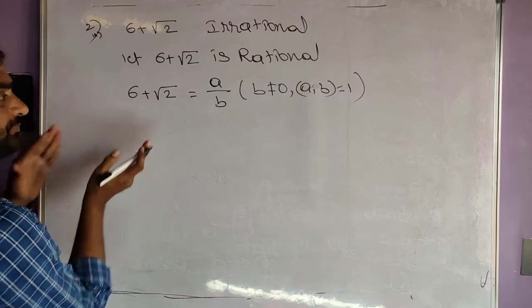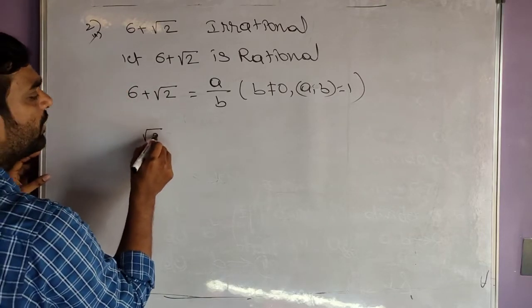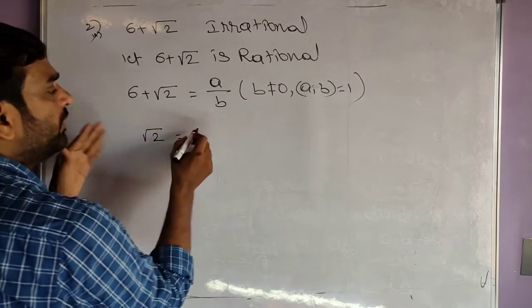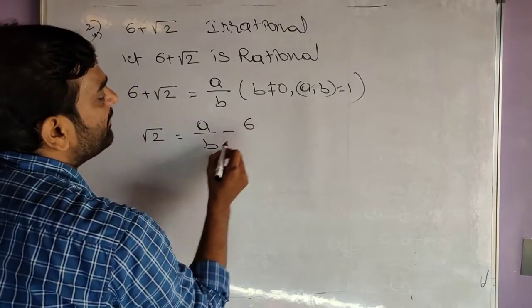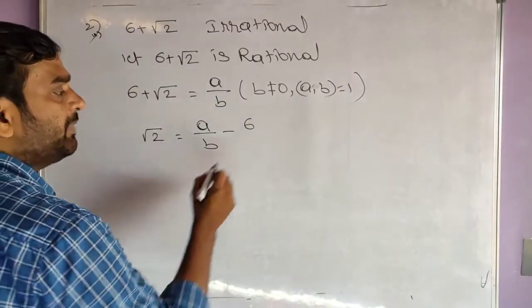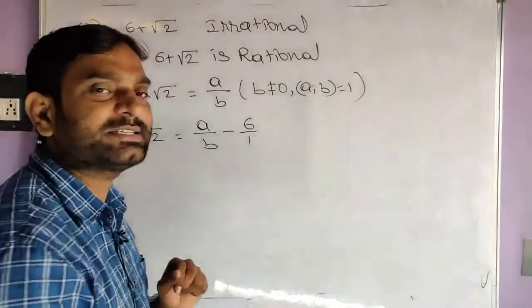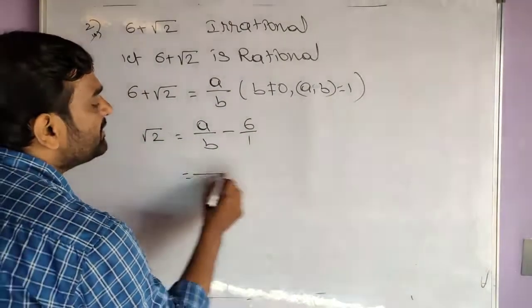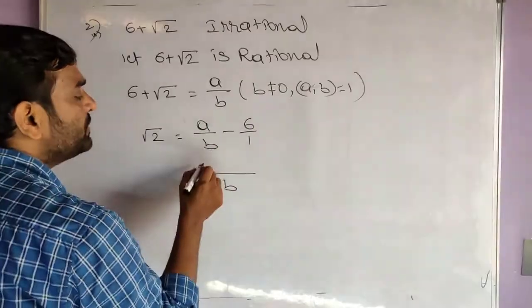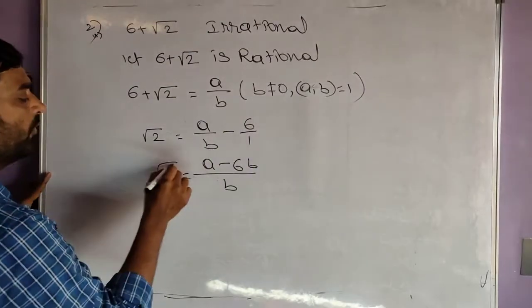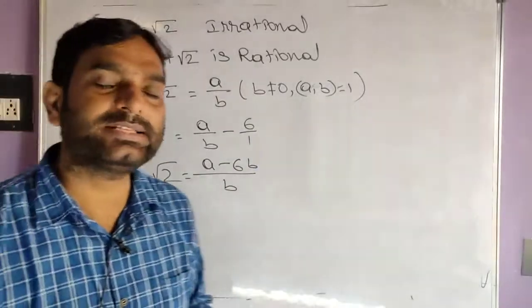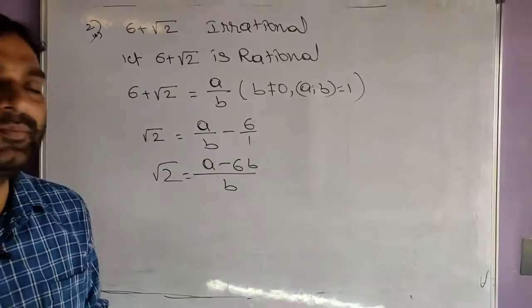Now listen, keep the root value on this side, root 2. a by b is equal to, 6 coming this side, becomes a by b minus 6. It can be 6 by 1. What is the LCM here? b. So a minus b into 6 is 6b. We got root 2 is equal to a minus 6b by b.